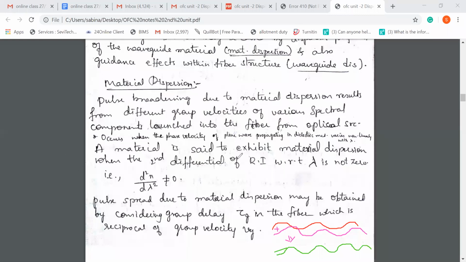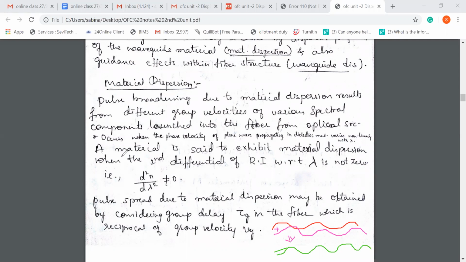The material is said to exhibit material dispersion when the second differential of the refractive index with respect to lambda is not 0. This is the condition.